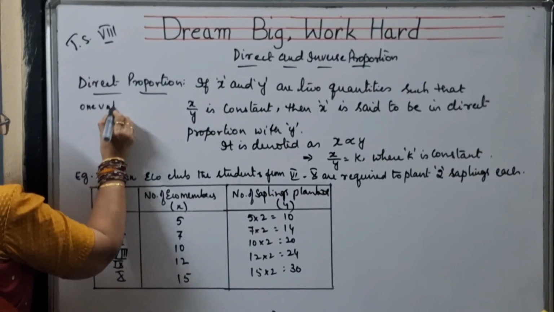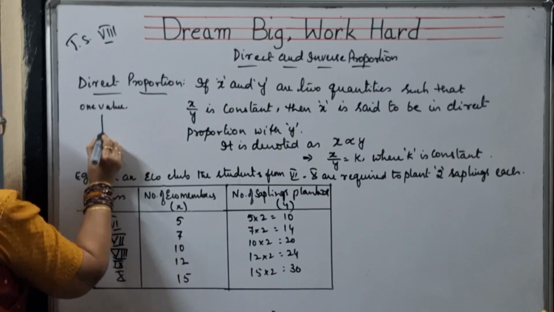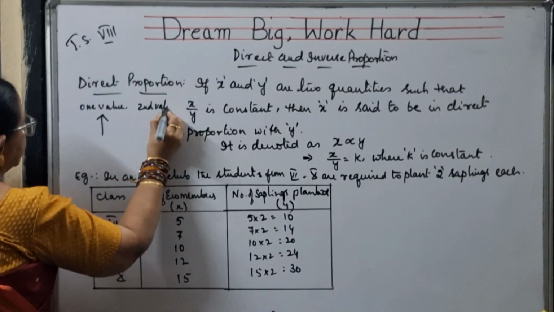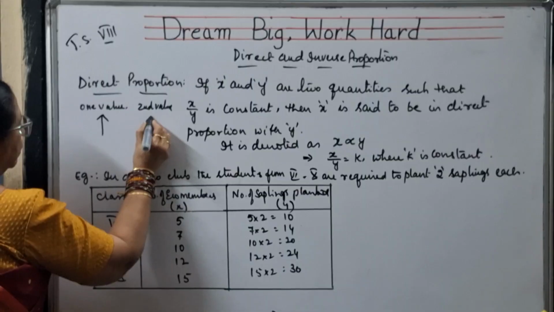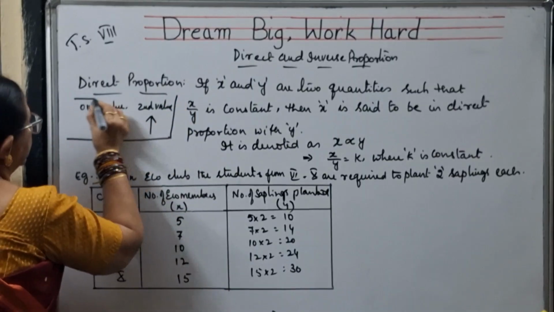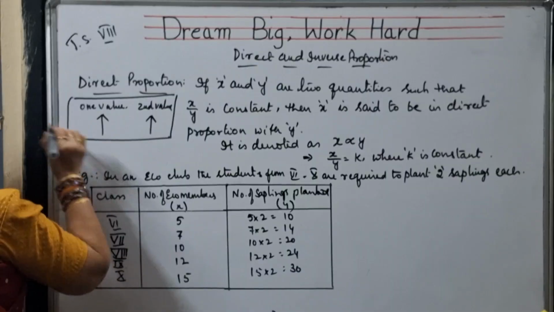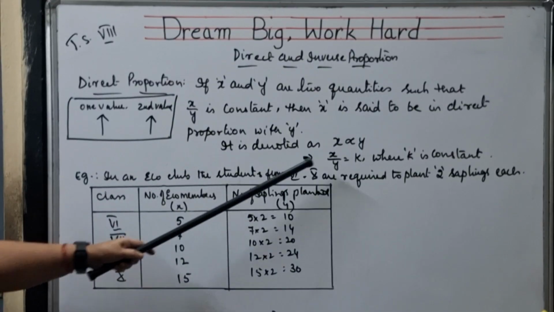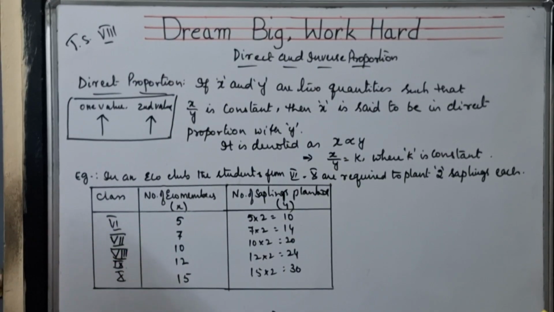If one value is increasing, then the second value also increases. This is the meaning of direct proportion. This is direct proportion. It is the symbol and x by y is constant.